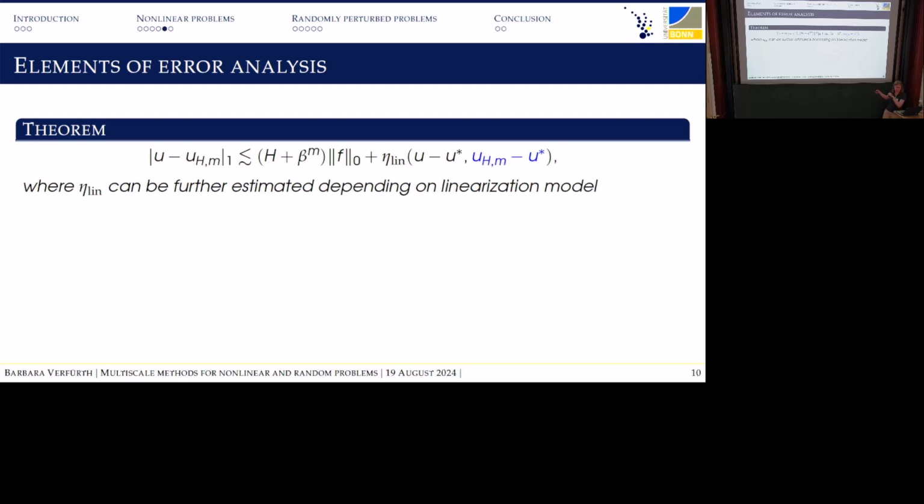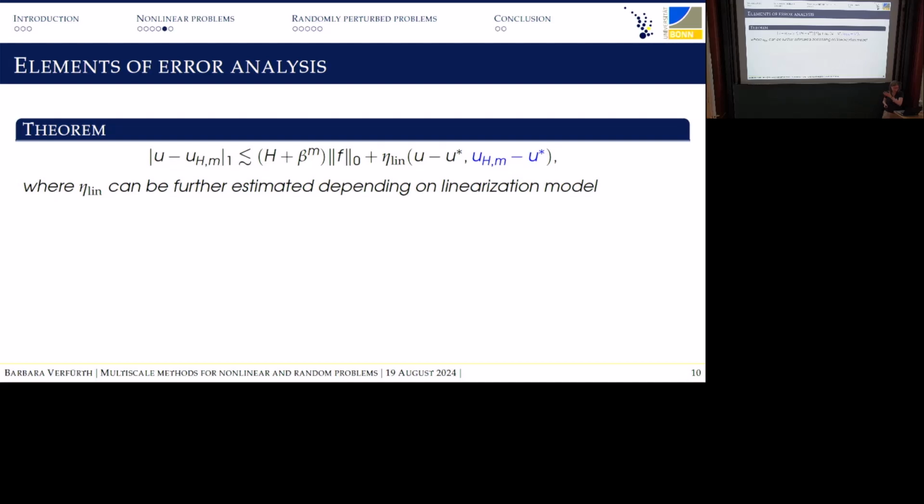So U star was the linearization point and U is the exact solution. And in the non-monotone case, we have some sort of a posteriori type thing in there, also on the difference between U star and the discrete solution.